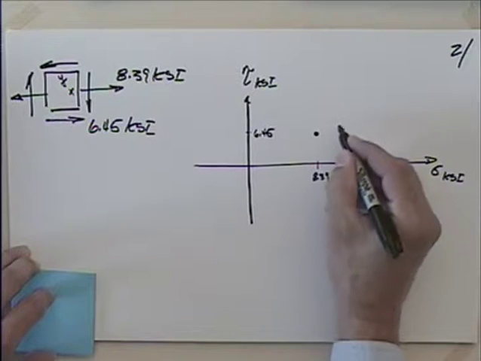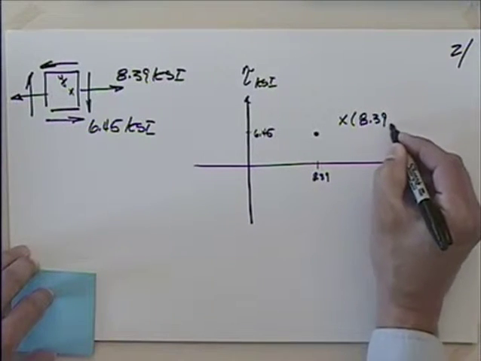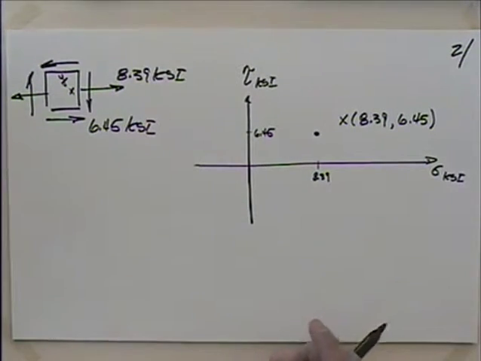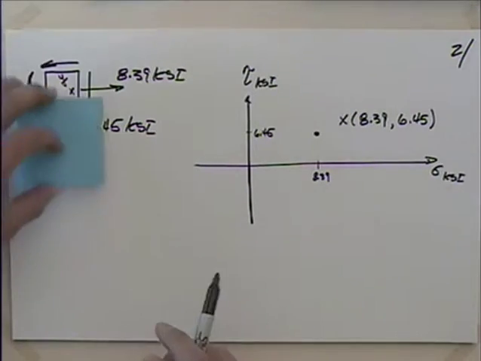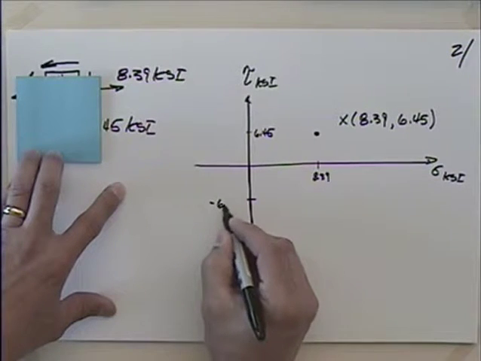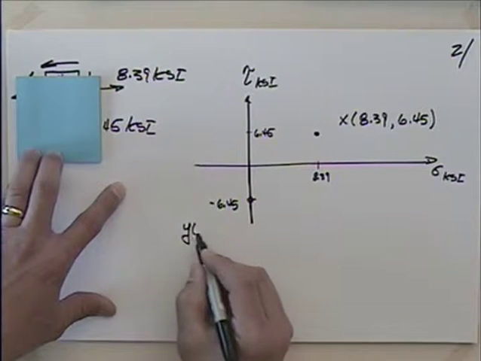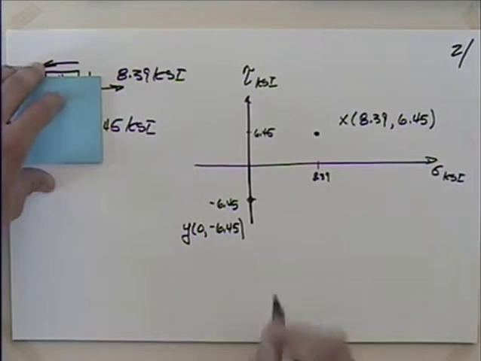So there is the X face, that is 8.39 and 6.45 ksi. And then the Y momentarily might be a little bit confusing. We don't have any normal stress, so that just means that they're going to be on the axes there. The shear stress tends to rotate it counterclockwise, doesn't it? So we'd be down here at minus 6.45, and there is your Y right there. So Y is 0 and minus 6.45.